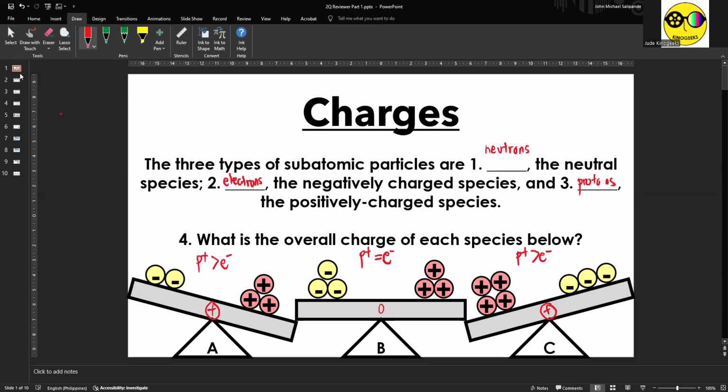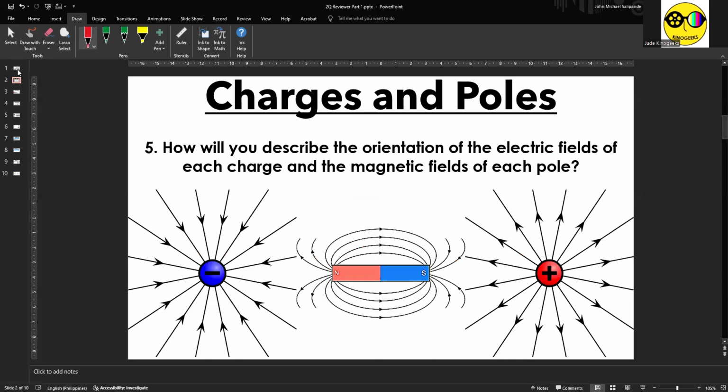Okay, so let's move on to the next part of the reviewer, charges and poles. Number five: how will you describe the orientation of the electric fields of each charge and the magnetic fields of each pole? Now that we know the charges, which are positive and negative, and what they comprise, it's time to know the orientation of the electric and magnetic fields.